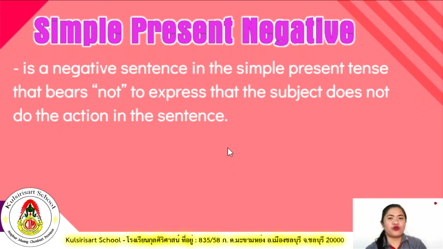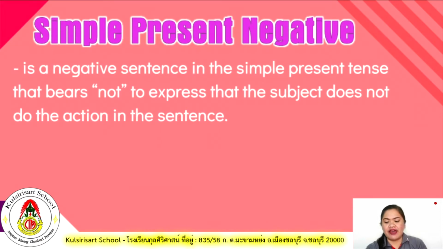Okay? We already combined the two definitions. Can you read it for me again? Is a negative sentence that bears not to express that the subject does not do the action in the sentence.